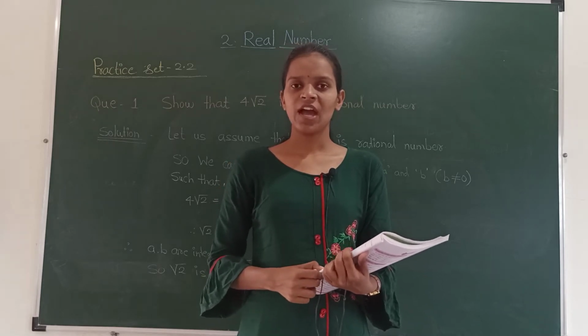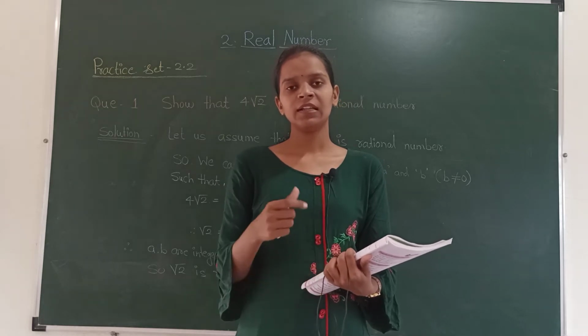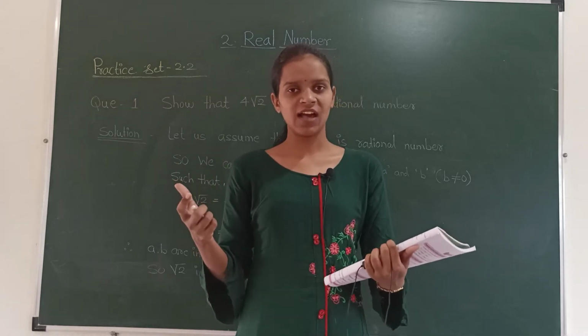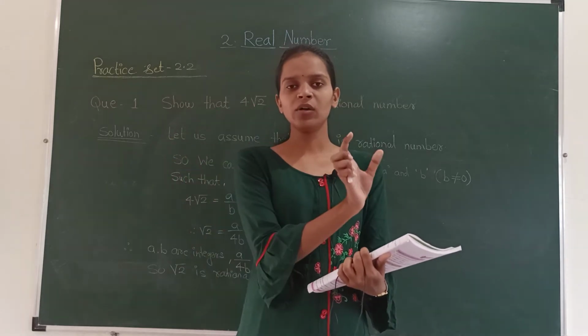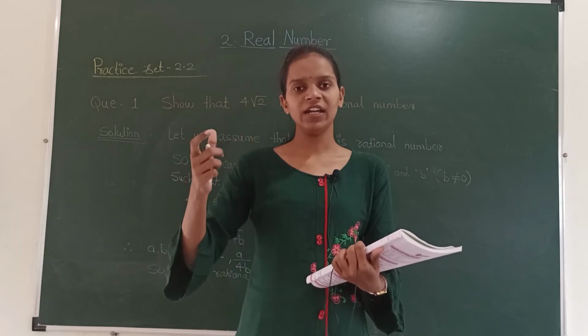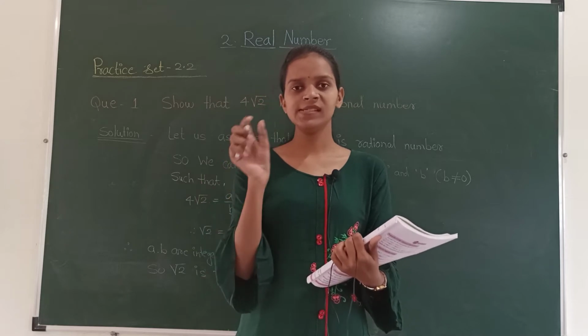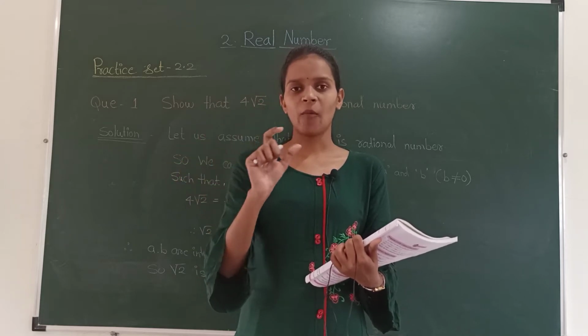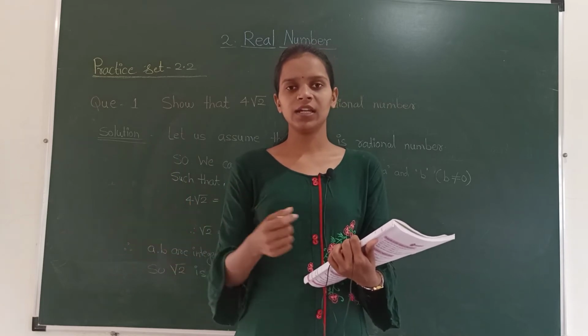After that we have seen the decimal form of rational numbers. In that there are two parts: the classification is terminating type and non-terminating recurring type. In terminating type, if we divide by the denominator, the remainder will be 0. There will be proper division, so it is terminating.